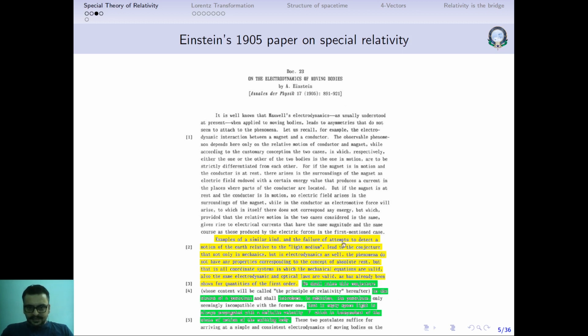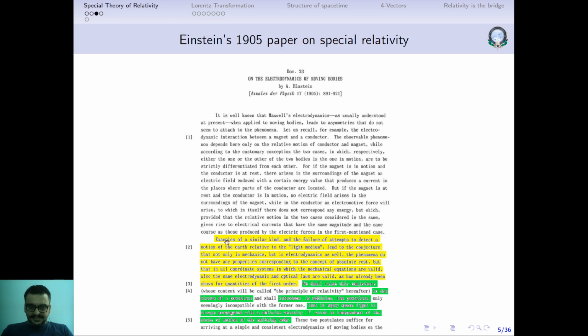The other example that he said was the failure of attempts to detect the motion of earth relative to the light medium. If you have undergone a basic course in modern physics, or maybe an introduction to relativity, you would probably have heard about the Michelson-Morley experiment and their attempts to detect the presence of the light medium, which was referred to as the ether, and it failed actually.